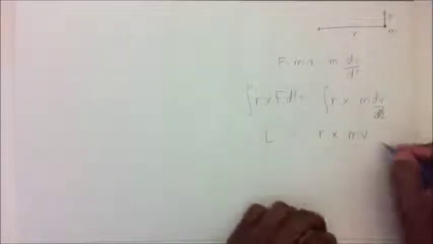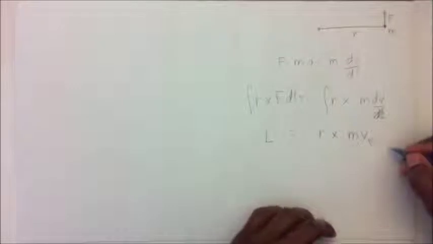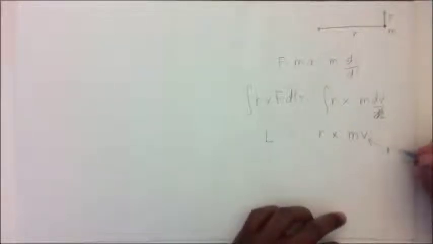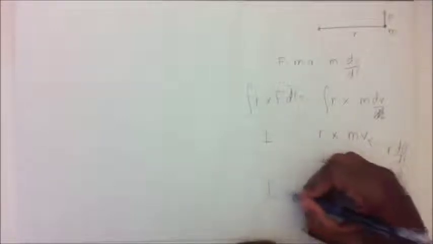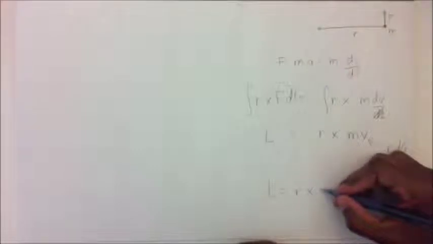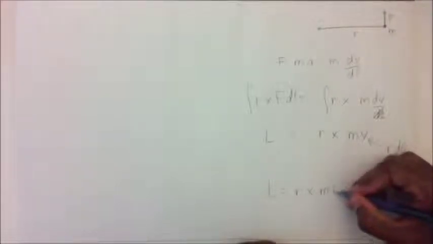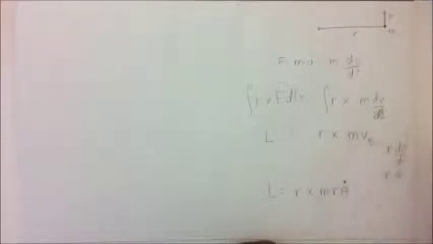The velocity can be related as the radius times d theta over dt, which is the same as the radius times theta dot. So now we can say the angular momentum is the radius cross multiplied by the mass times r theta dot.